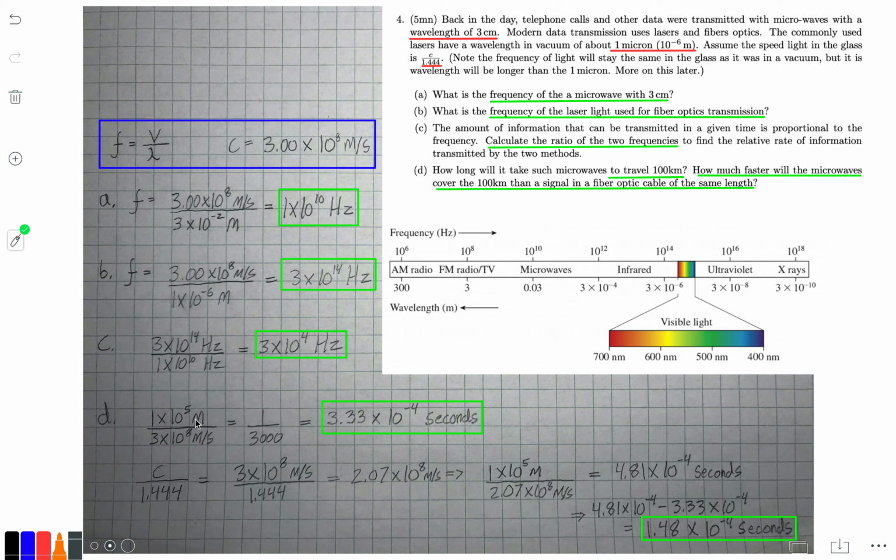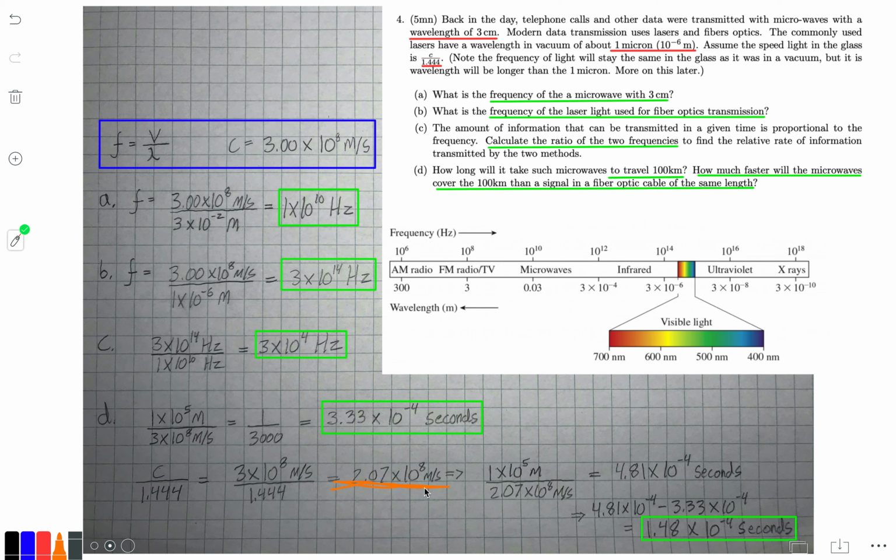When we take distance over velocity, we can cancel the meters here, and we're left with seconds. From here, we can use this little equation given in the problem, and plug in our C to get this number here.